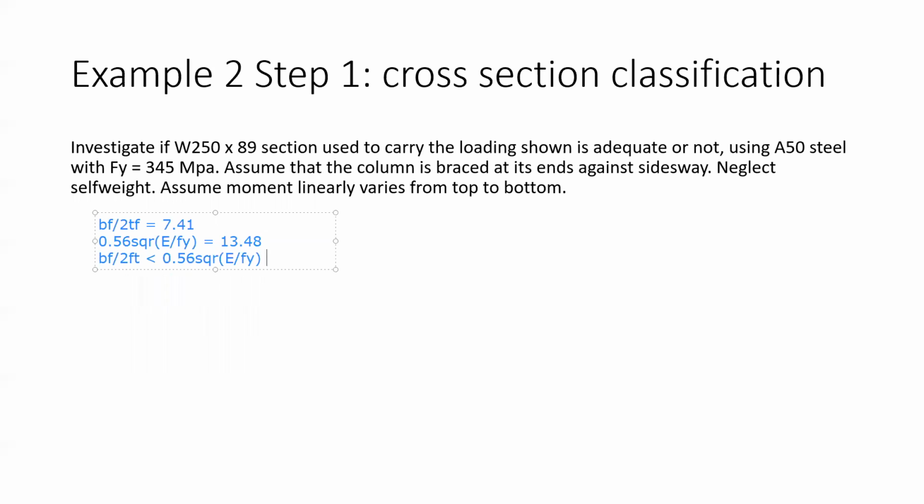So if ganito, this is slender, no? Okay. So we continue with checking naman for the web. So this is for our checking for the flange. And then now we're checking for the web.